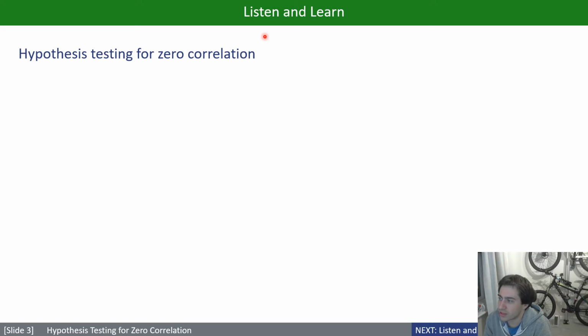Is there a correlation? Here are the steps you would do, simplified. You would first make the hypothesis, and your default when you're doing correlation is that your null is there is zero correlation, right? So you kind of go in blind.